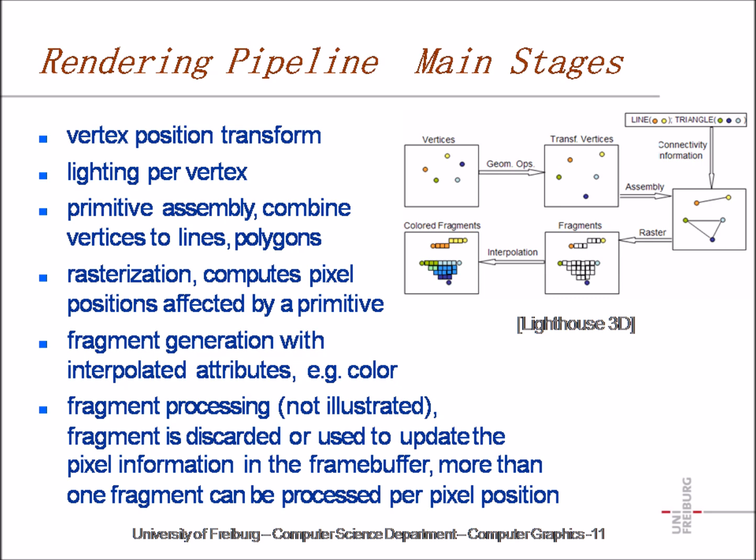And to end this rendering pipeline, a fragment is discarded or used to update the pixel information in the frame buffer, in which more than one fragment can be processed per pixel position.